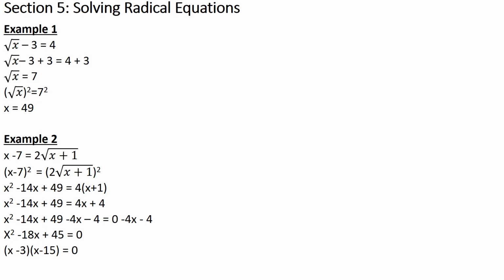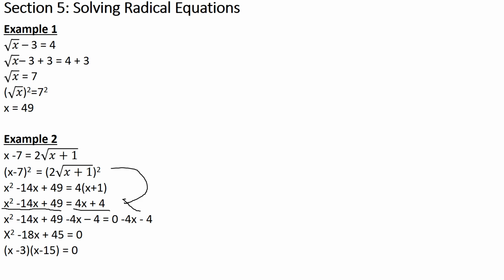And then 2 times square root of x plus 1, everything squared: 2 squared is 4, and square root of x plus 1 squared is x plus 1. So that would be 4x plus 4 here. That's all I've done when I square that. So I get an equation, x squared minus 14x plus 49 equals 4x plus 4. And I start moving stuff around here.